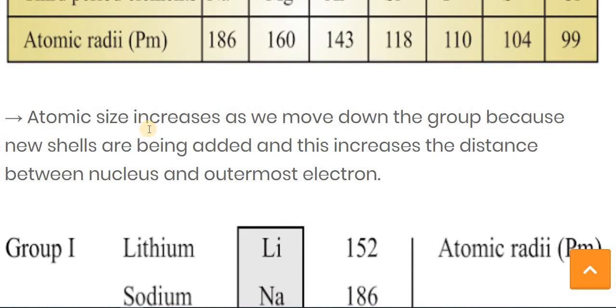Now if we are talking about the atomic size in a group, it increases as we move down the group, because new shells are being added. As I told you, if you move from up to down, then one new shell is added. Due to that, the radius of the atom increases. So we can say that the atomic size also increases.